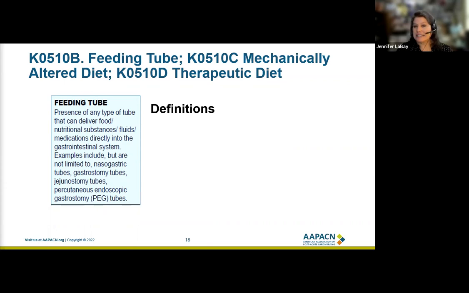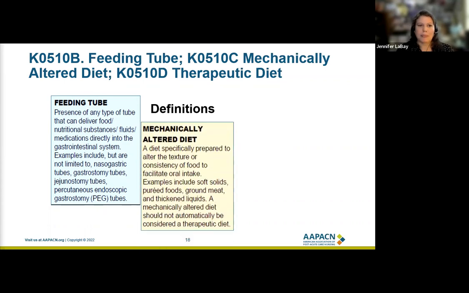This could be nasogastric, gastrostomy tubes, jejunostomy tubes, PEG tubes. Mechanically altered diet is a diet specifically prepared to alter the texture or consistency of food to facilitate oral intake. So feeding tube solution does not count as a mechanically altered diet. What we're looking at is soft solids, pureed, ground meat; thickened liquids count as mechanically altered as well.